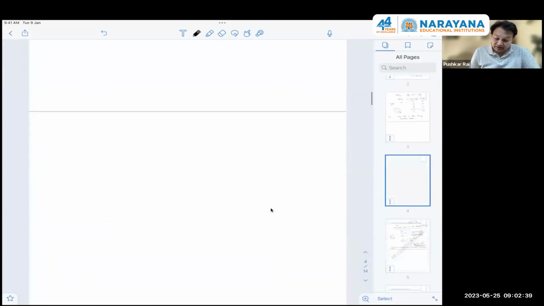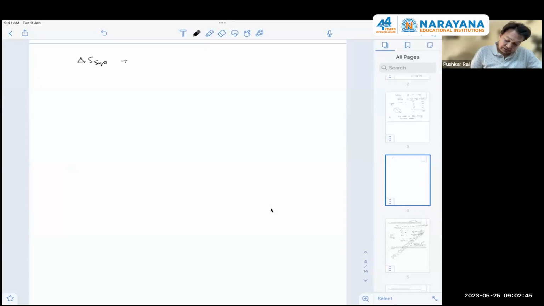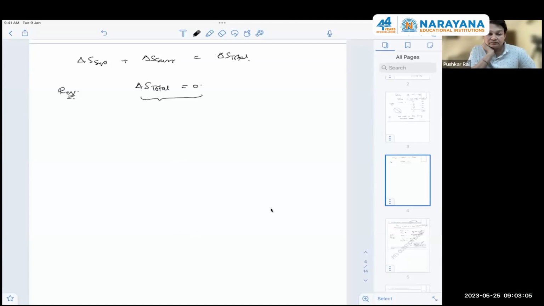Another interesting thing, the second law. The second law tells us that delta S system plus delta S surrounding is equal to delta S total. And if a process is reversible, then delta S total is always 0, because if you violate this, you're violating the second law.